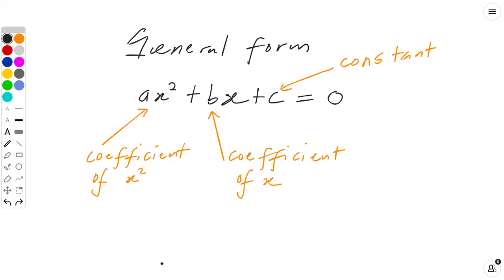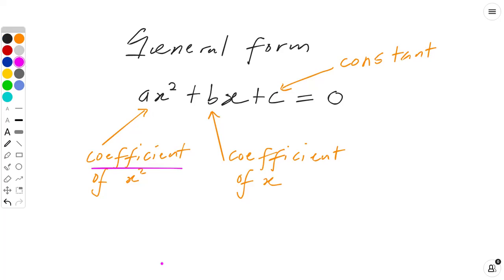Now, we first have ax squared, and a is called the coefficient of x squared. A coefficient is a number that is multiplied by a variable.